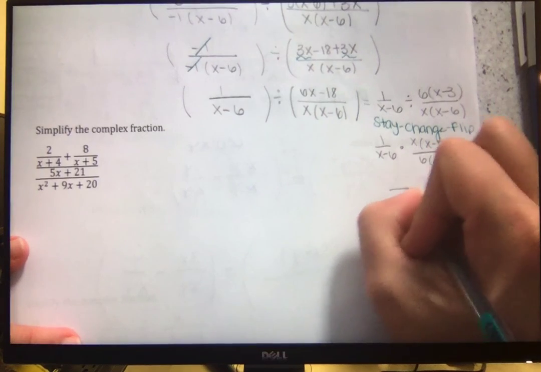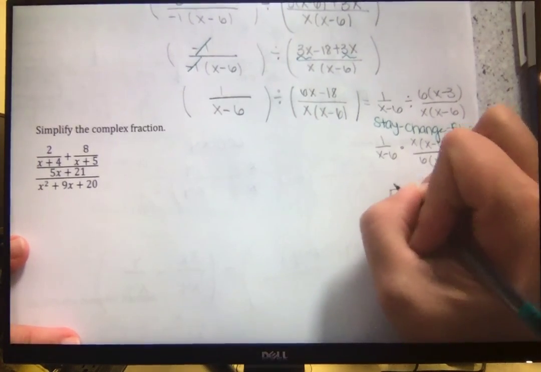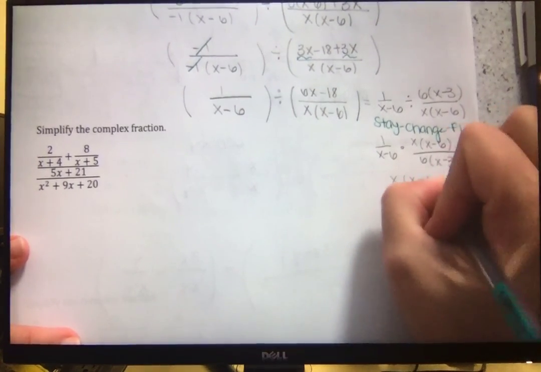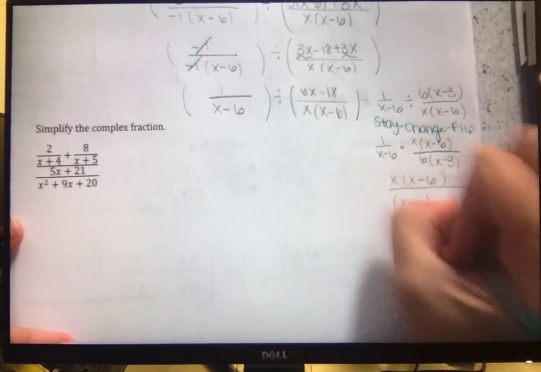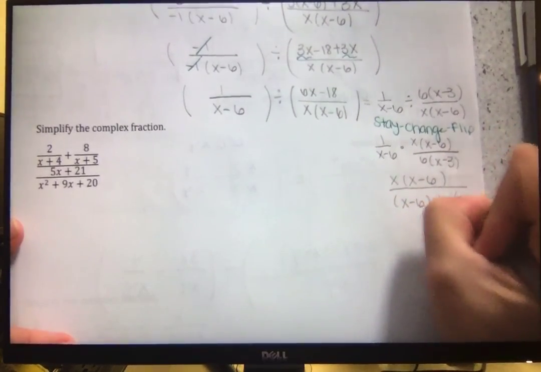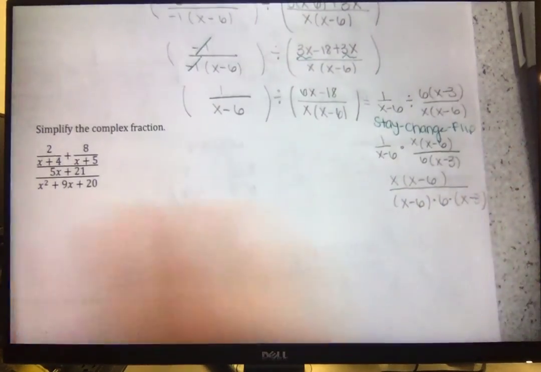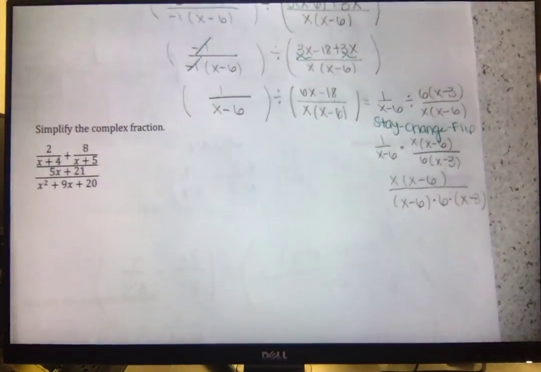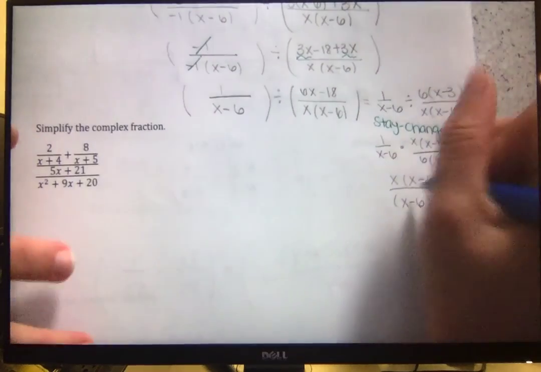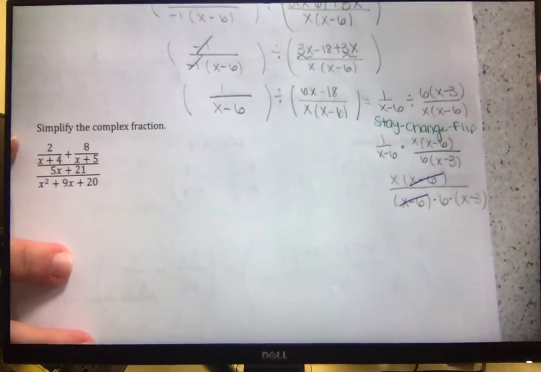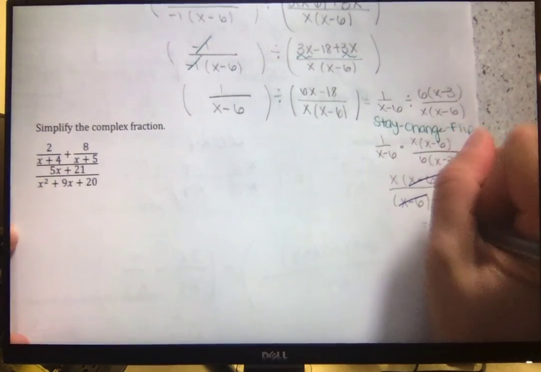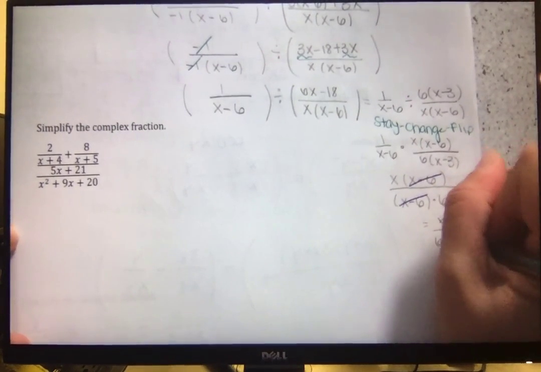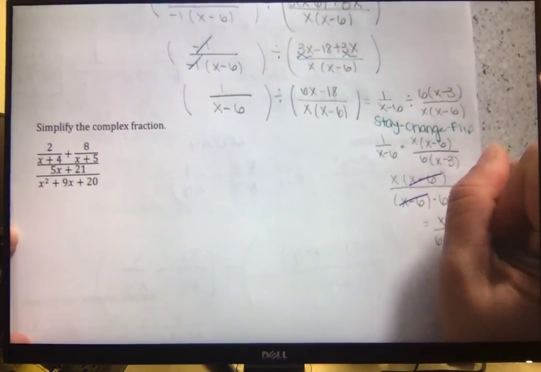Multiplying straight across as one big fraction, I have x times x minus 6. I don't need to write the extra 1. All over x minus 6 times x minus 3. Therefore, x minus 6 cancels out. Our final answer, we're left with x up top and 6 times x minus 3 on the bottom.